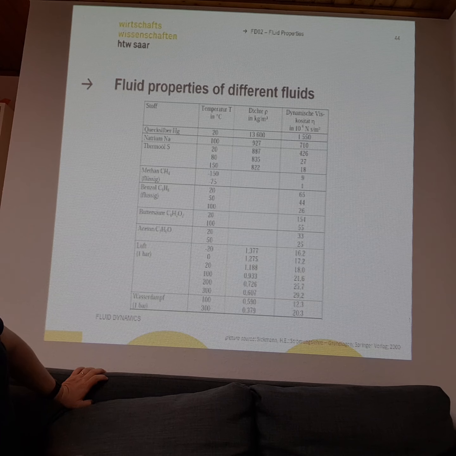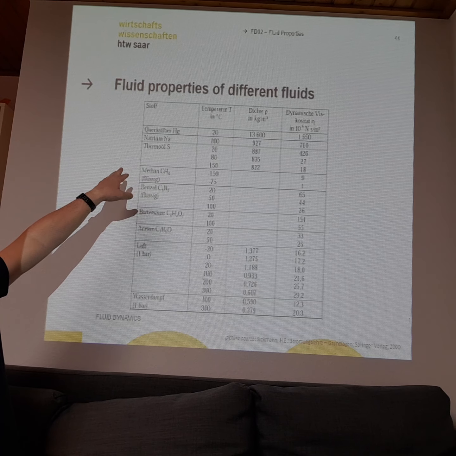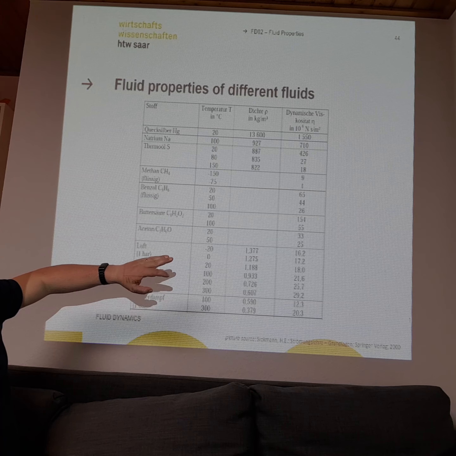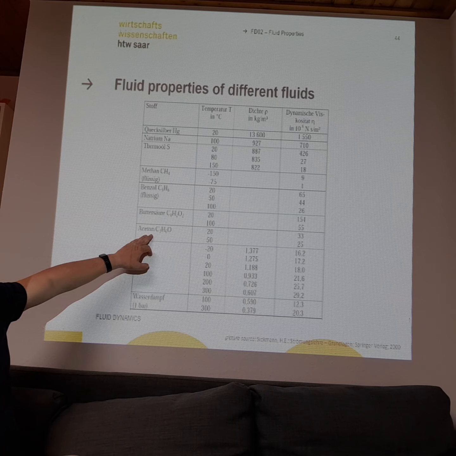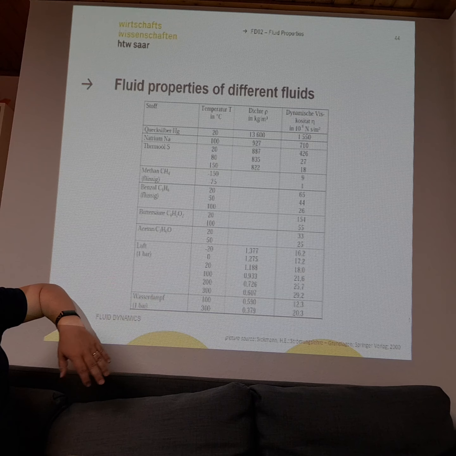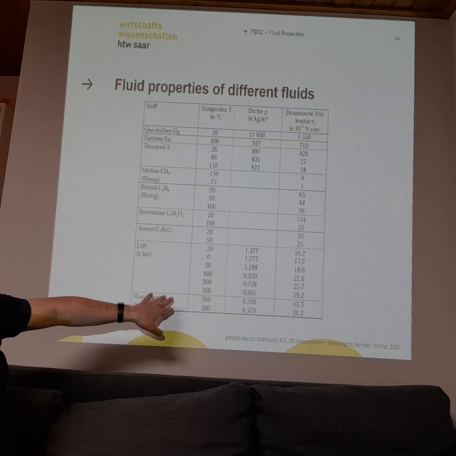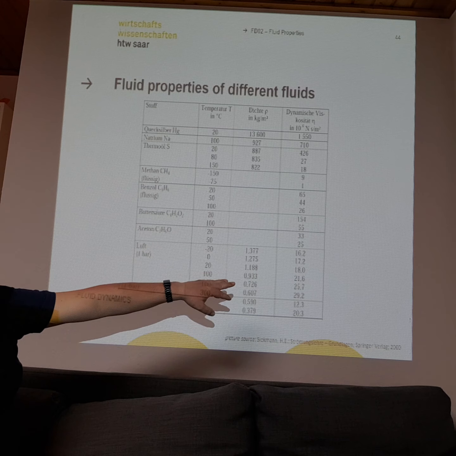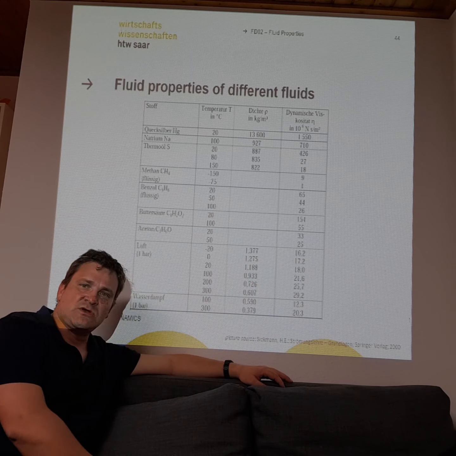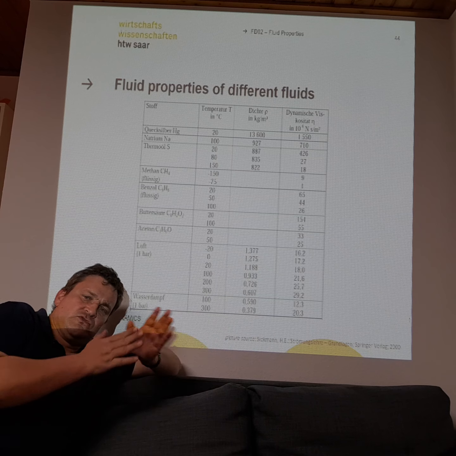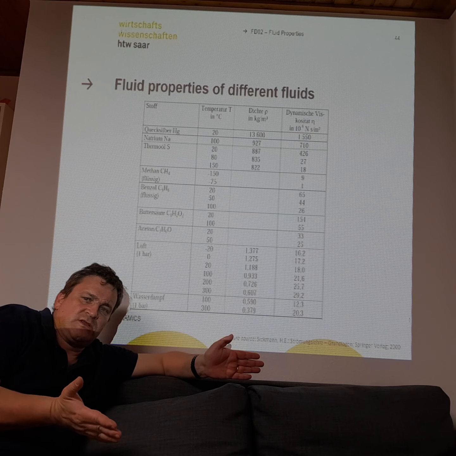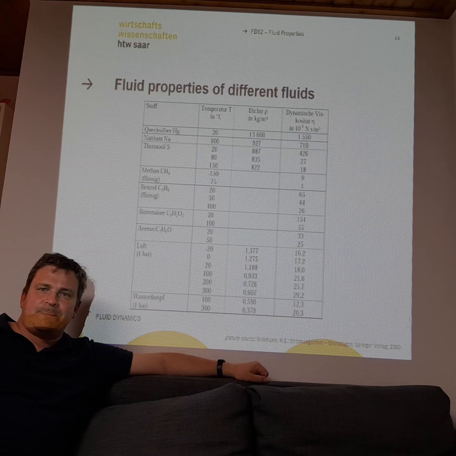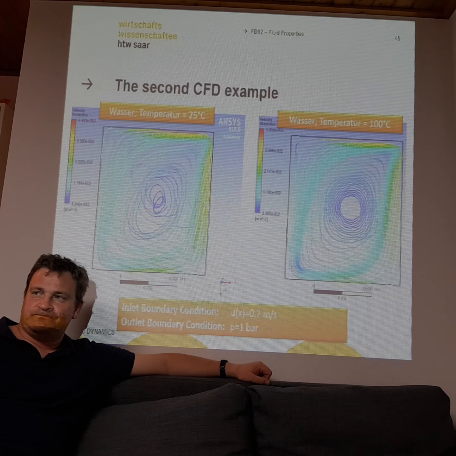For example, there are quicksilver, natrium, methane, benzol, also a hydrocarbon, air, steam, and they all have, depending on the temperature, different densities and different dynamic viscosities. And now if you have to calculate some shear stresses dependent on velocity gradients, you need these different viscosity values.